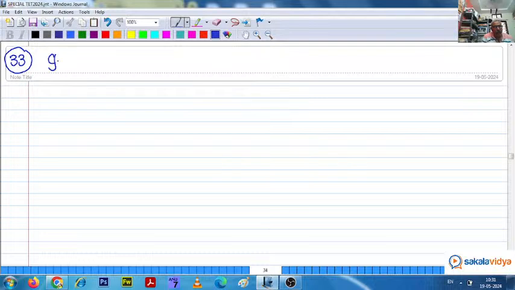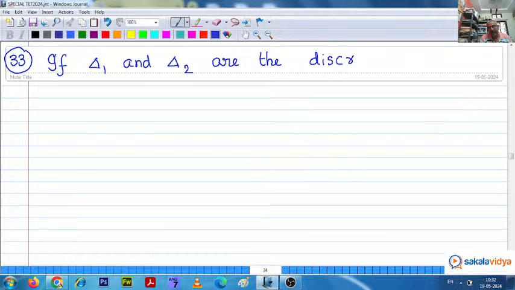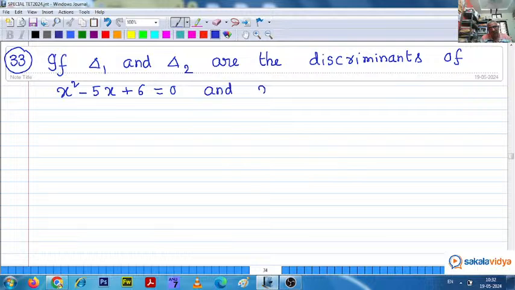If delta 1 and delta 2 are the discriminants of x square minus 5x plus 6 is equal to 0 and x square plus x plus 1 is equal to 0, then what is the value of delta 1 minus delta 2?